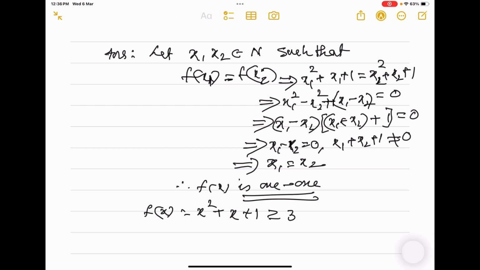You know that because x belongs to N. So if you put 1, 1 plus 1 plus 1 is 3. So it is greater than or equal to 3 for all x belonging to N.